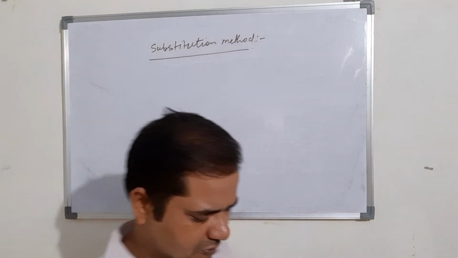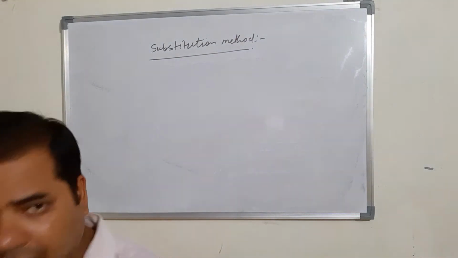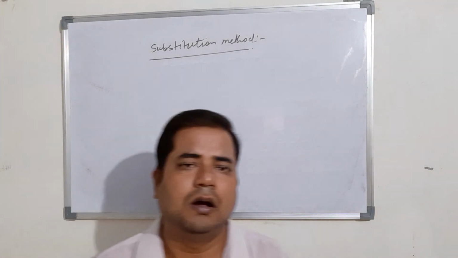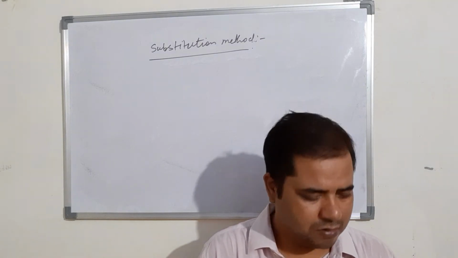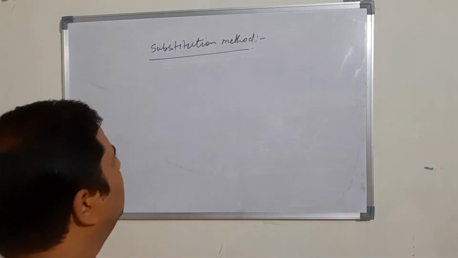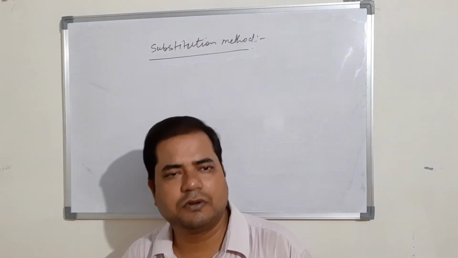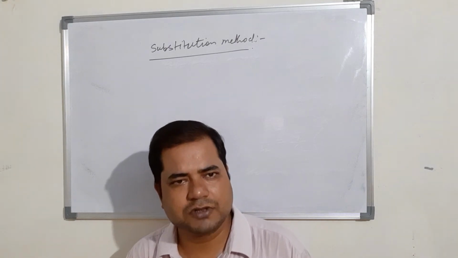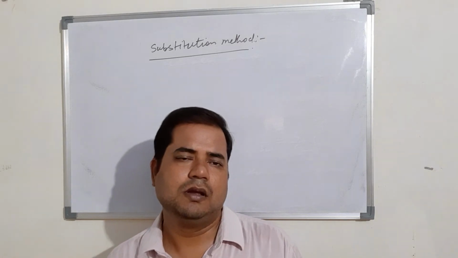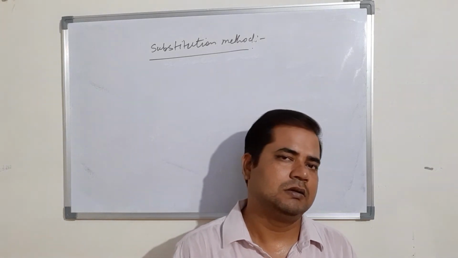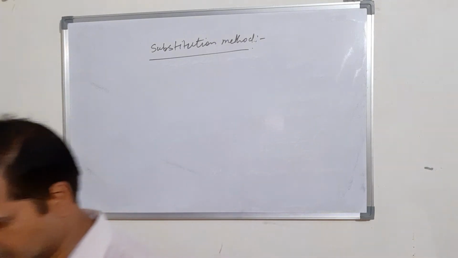In this method we are given a pair of linear equation and we have to find the value of x in terms of y from the first equation, and we put this particular value of x which is in terms of y in the second equation. We will get the value of one variable, and after that we have to put that particular value in any equation. We get the solution of equation.